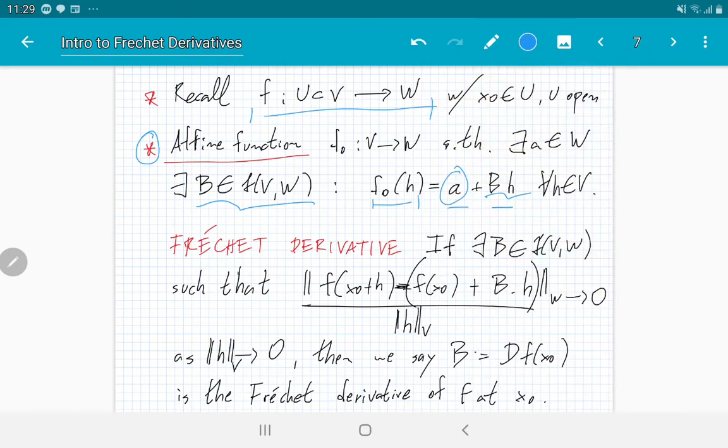If there exists a bounded linear operator b such that f of x0 plus h minus this affine function at h, divided by the norm of h, goes to 0 when h goes to 0, then we say that f is differentiable at a point x0 and that b is the Fréchet derivative of f at x0.